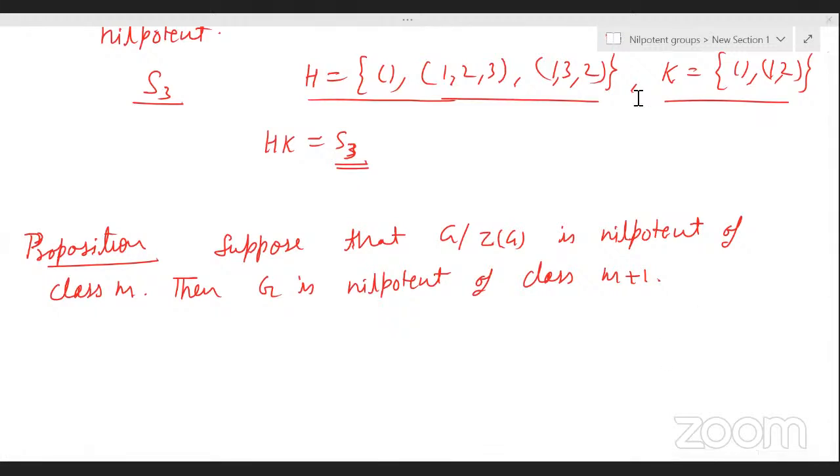So suppose we have a group G and we quotient it by the center, and this G by ZG is nilpotent. Then the group G will also be nilpotent. So let us prove this thing.